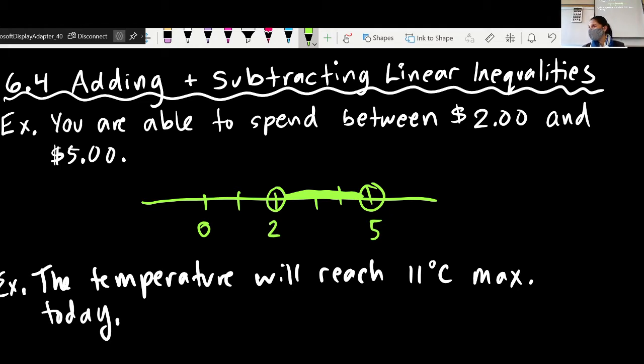We usually have debate over this. If it says you can spend between $2 and $5, can you spend $2? Yeah, so that means we color in the circles. It can be $2, it can be $5, so we would color it in. Good? I think it's not so much difficulty, it's more like nitpicky little details.